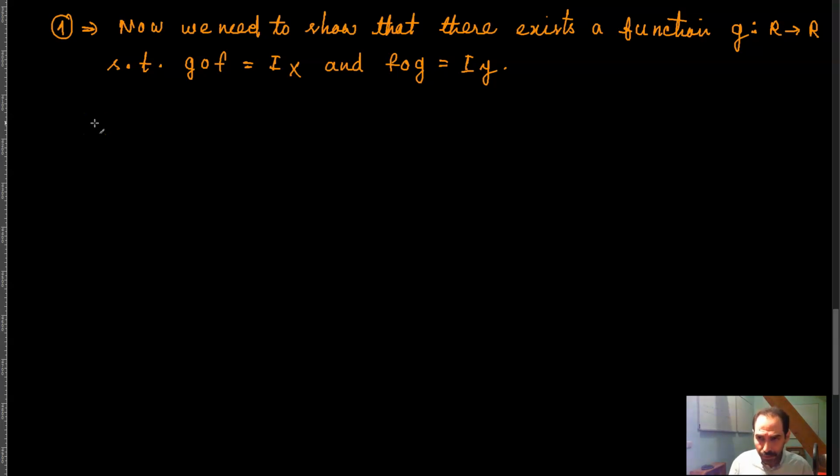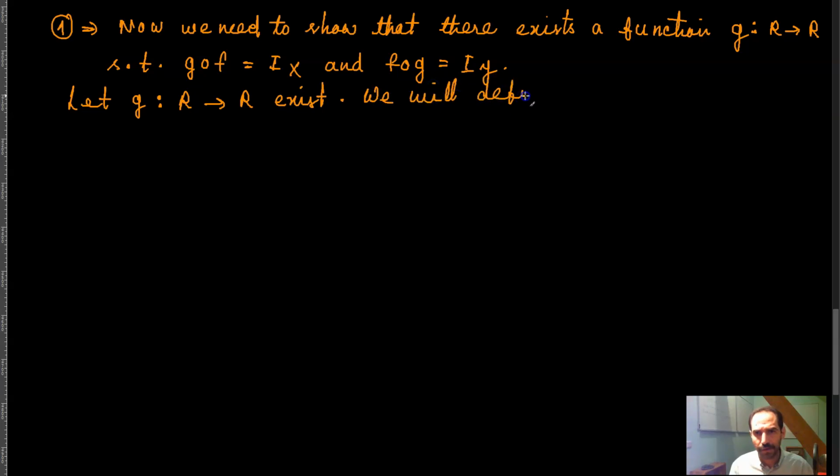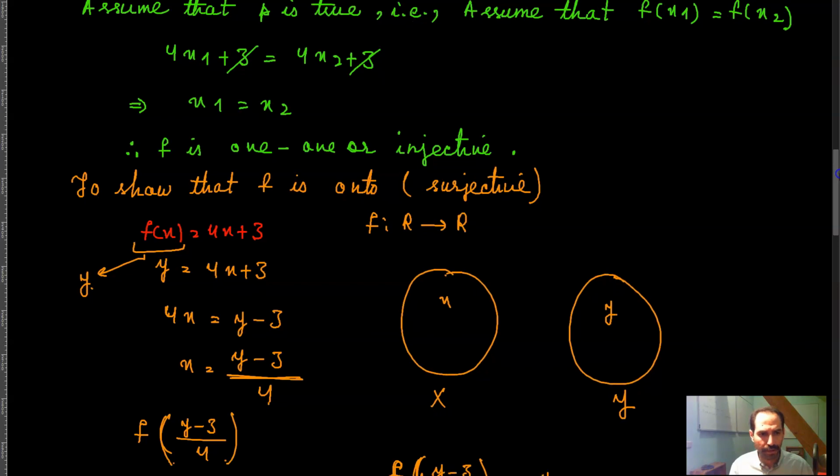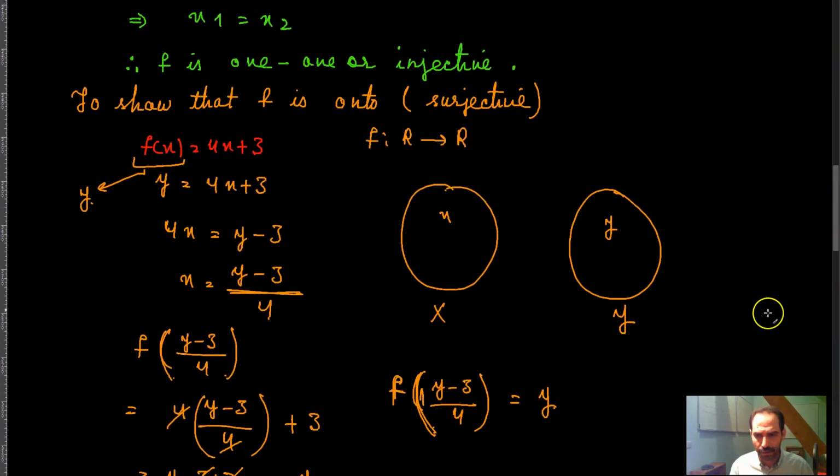Okay, so now in order to show this part, you can argue that, for example, let g as a function from R to R exist. Now we will define g as basically f of g of y is equal to this function.